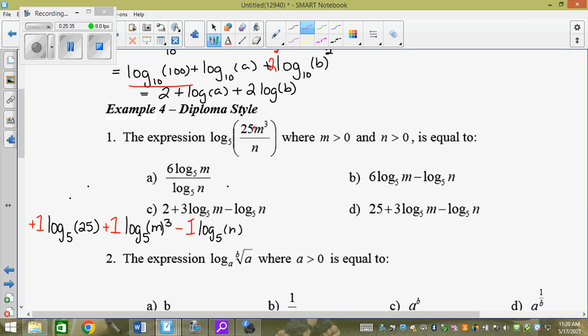And then they can take this 3 and drop it in front. So we get, and what's log base 5 of 25? 2 plus 3 log base 5 of m minus log base 5 of n. So it's C.